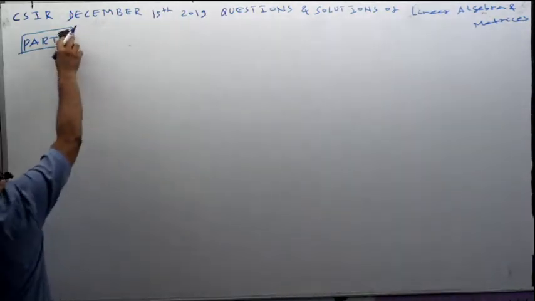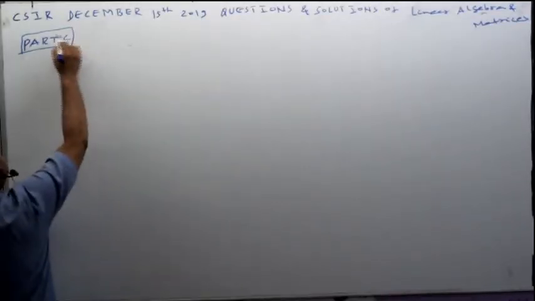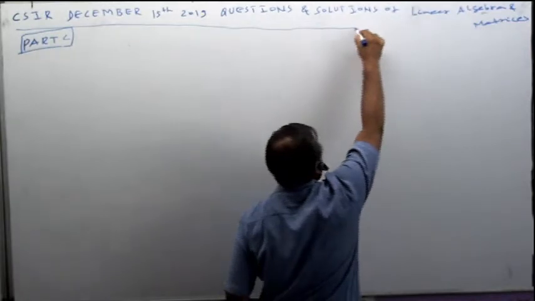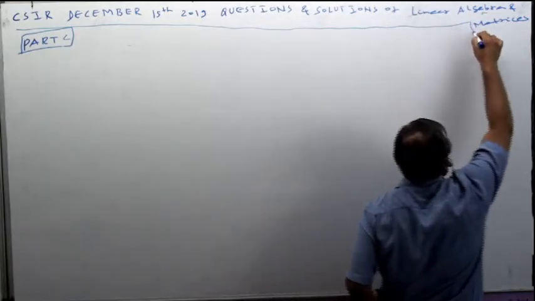Now come to part C. Heading is this: CSIR December, this much questions and solutions of linear algebra and matrices. In part C, we have first question as question number 2.